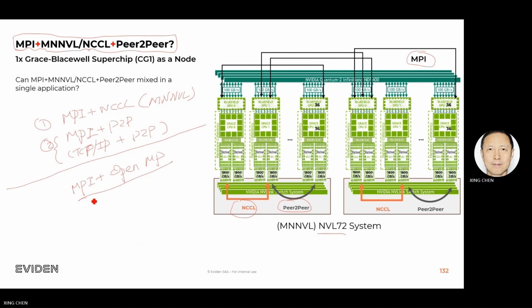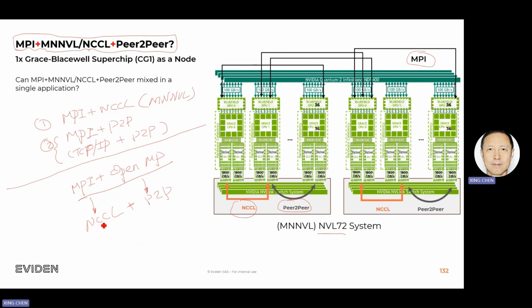So for GPU, the analogy of OpenMP shared memory programming is peer-to-peer memory access, and the analogy of MPI for GPU computing is NCCL. So do we have any interest to do NCCL plus peer-to-peer memory access as the programming model?